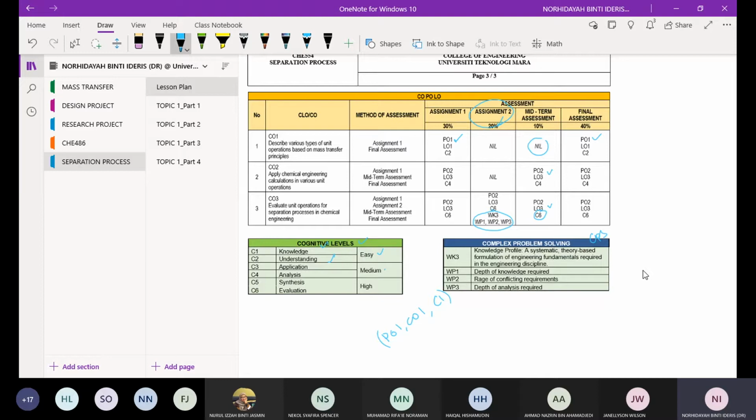But what if suddenly something happens, and there is a conflicting requirement? And WP3 is depth of analysis required. For WP3, there is no exact answer. No exact answer means that even though everyone receives the same question, there is actually no exact answer for that kind of problem.